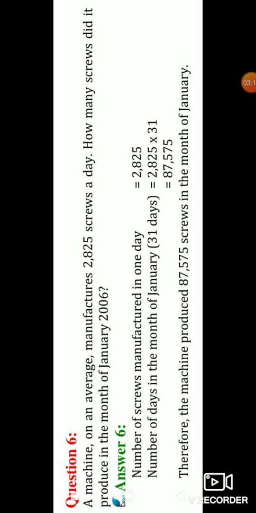So multiply 2825 with 31, because the number of days in the month of January is 31 days.